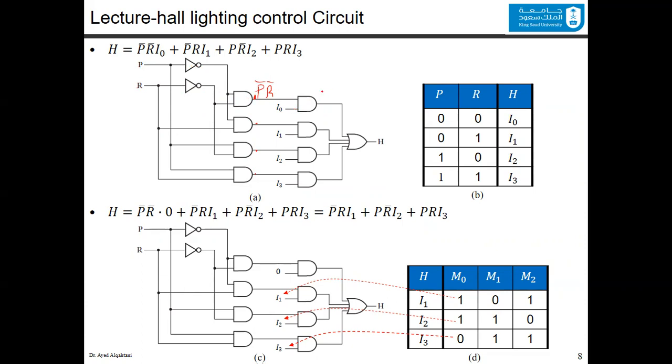This way, we generate P bar, R bar, and I0. We can do a similar thing over here. We will generate P bar, R, I1, and we will generate P, R bar, I2 here, and we will generate P, R, I3 over here. And if H is as follows, then we will OR those 4 together to get H.